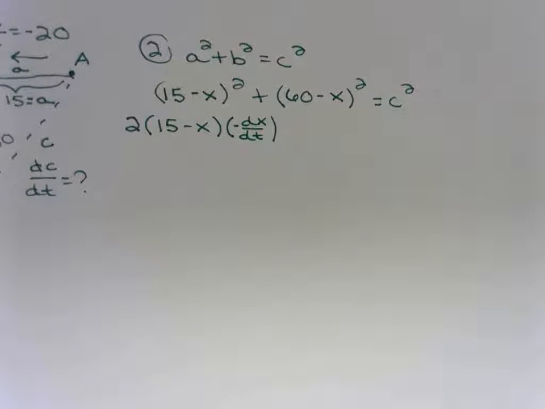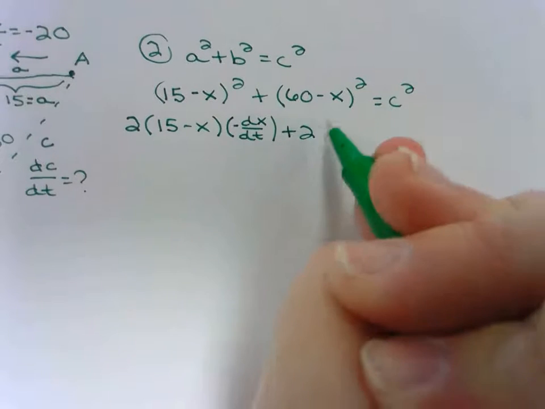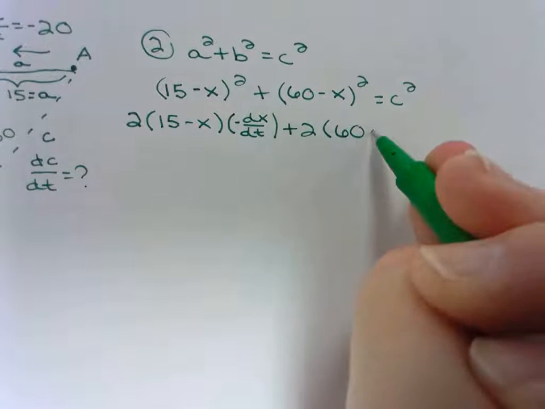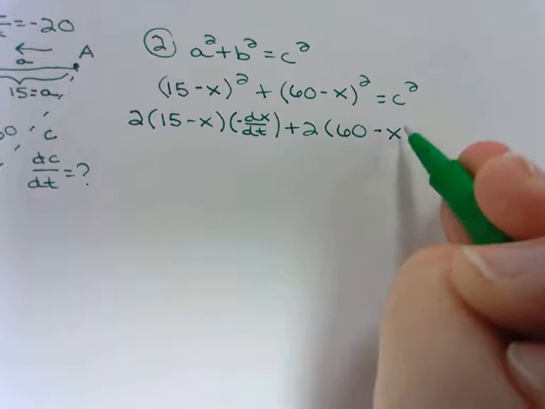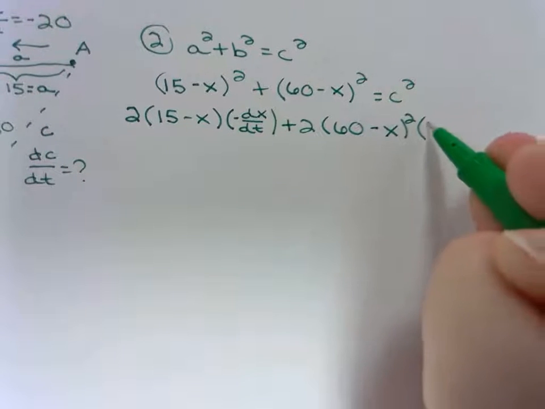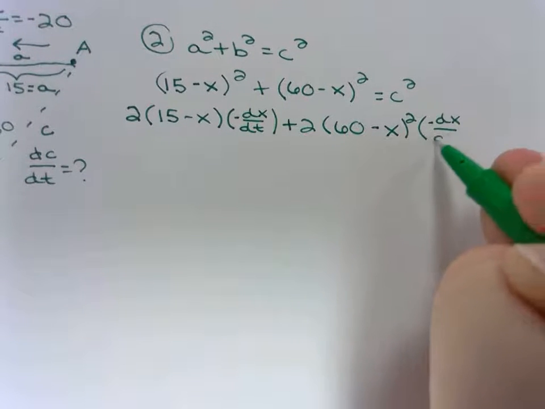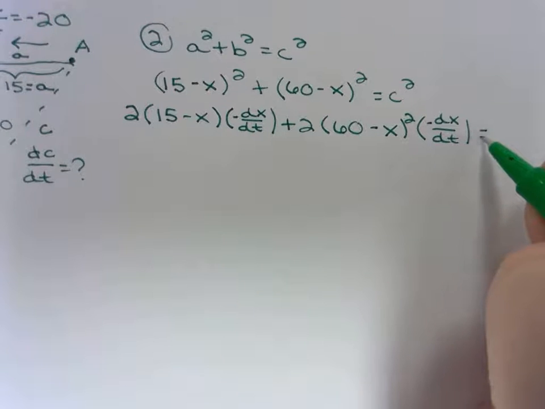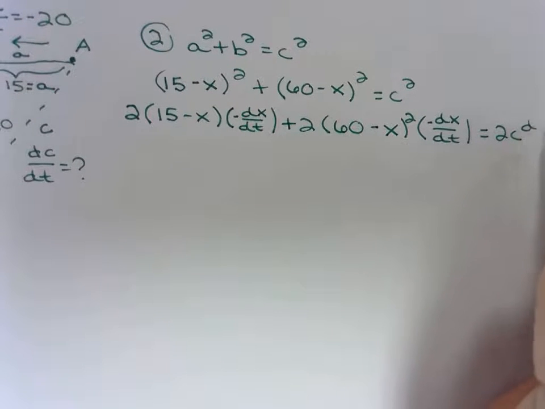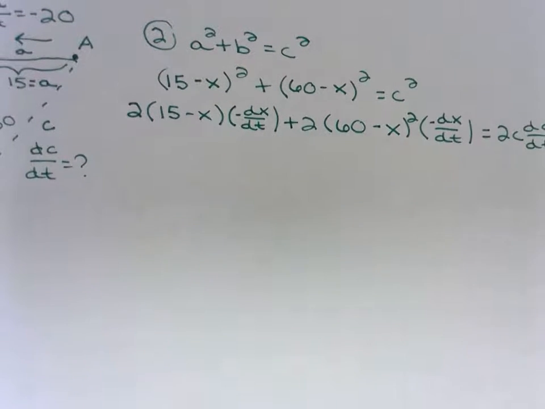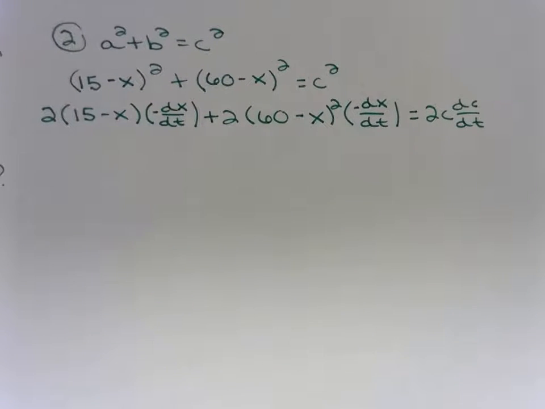When I take the derivative of something, I put dx dt next to it. Plus 2 times 60 minus x, times negative dx dt, equals 2c dc dt. So they kind of go through and take the derivative.